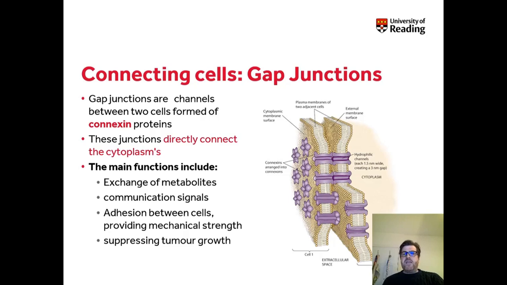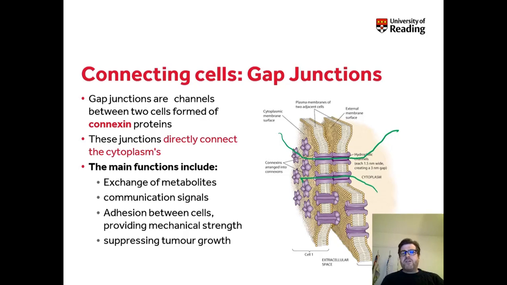So what's happening here, instead of binding and stitching the cells together, is that the cytoplasms of the two neighboring cells are now directly joined. We have a channel in between the two cells. So the cytoplasm is joined together on both sides.